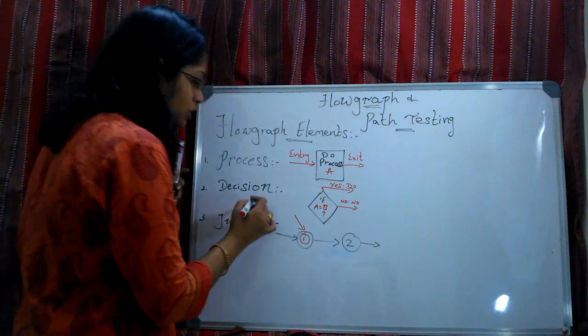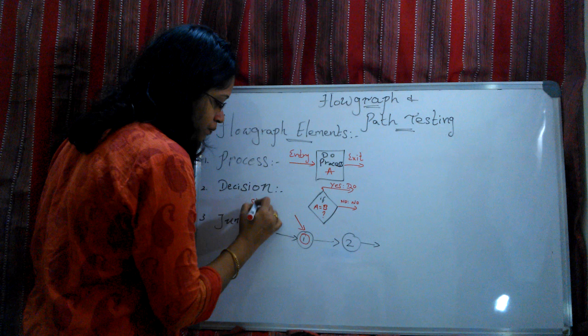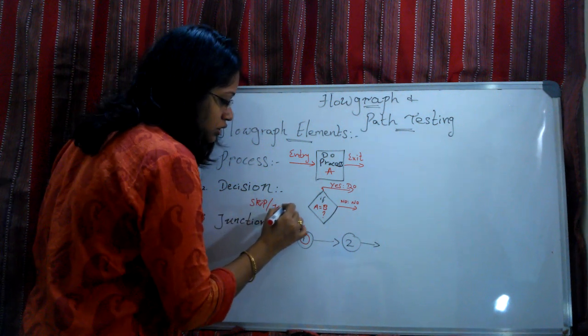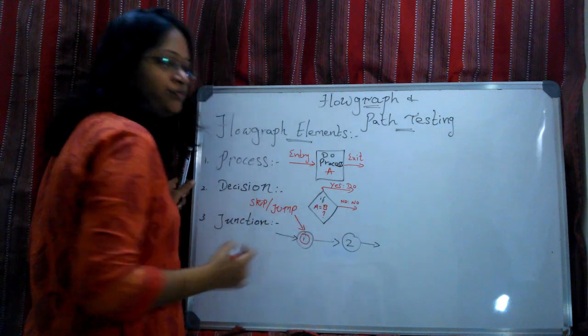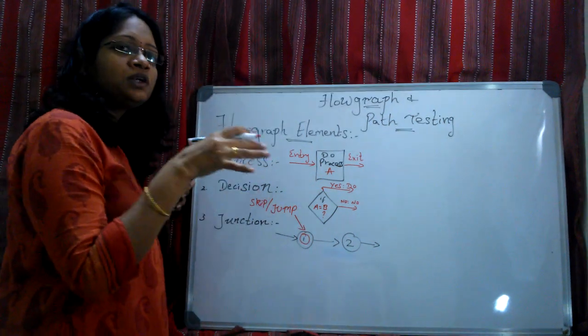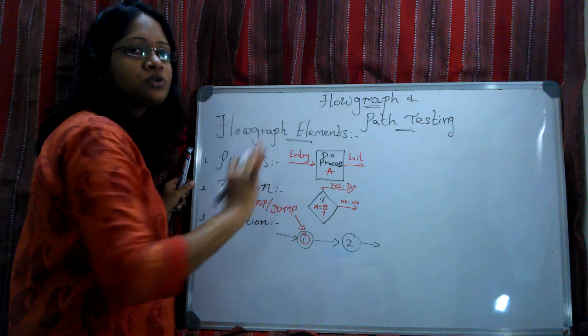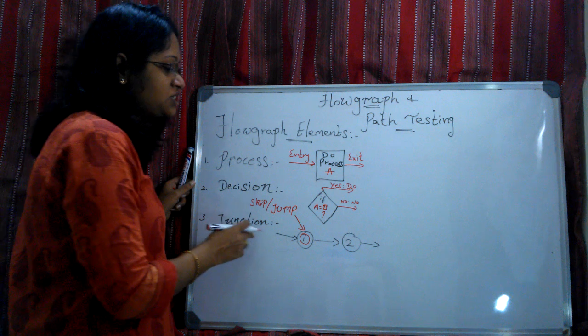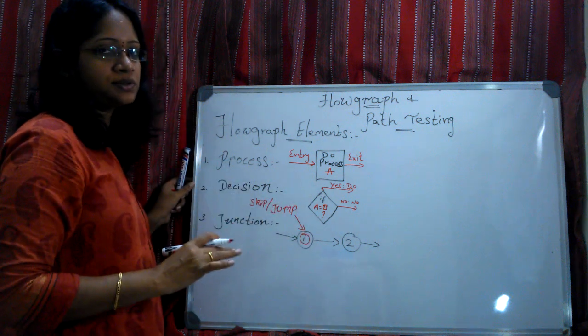That's why we call this junction a skip process or jump process. We expect one output but it suddenly skips to another thing, so we get unexpected output. That's why junctions are used for rare purposes.